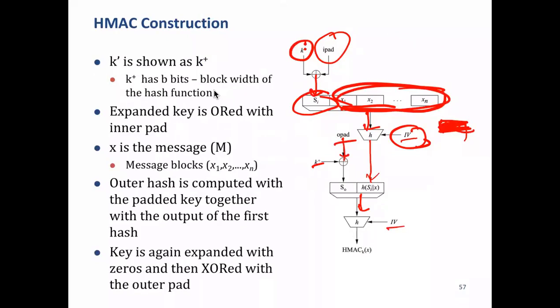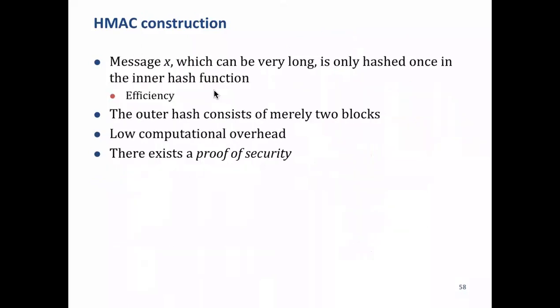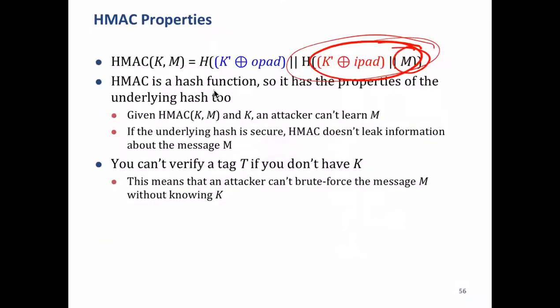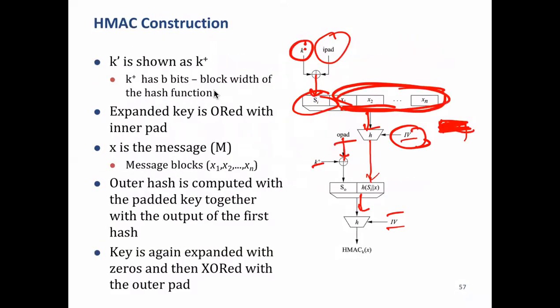Of course, the IV value will be known to everyone because it comes as part of the design. So what do we achieve out of this? We are doing compression, taking advantage of the hash function and also of keys, a symmetric key.